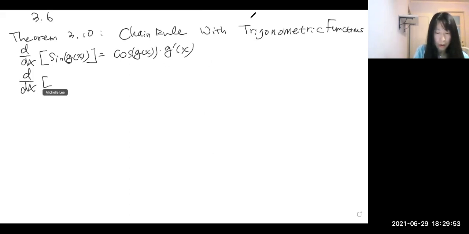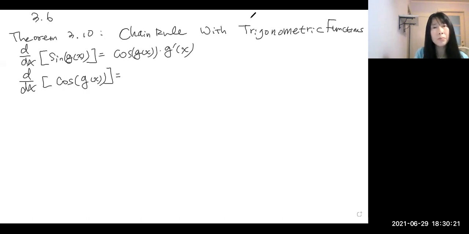What about cosine g of x? What's the derivative of cosine x? I'm repeating this from the last section so that you can remember, all right?